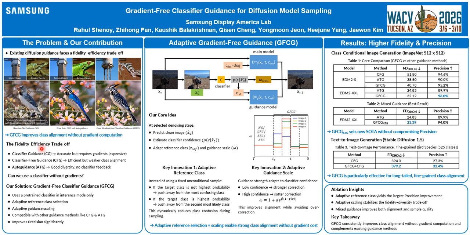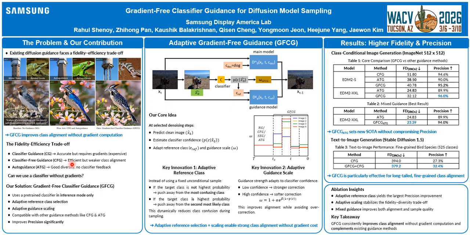For example, classifier guidance can improve class alignment, but it requires computing classifier gradients during sampling, which is computationally expensive. On the other hand, classifier-free guidance, or CFG, avoids gradients and is efficient, but often compromises class alignment.